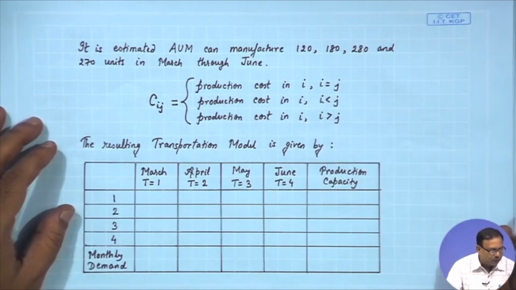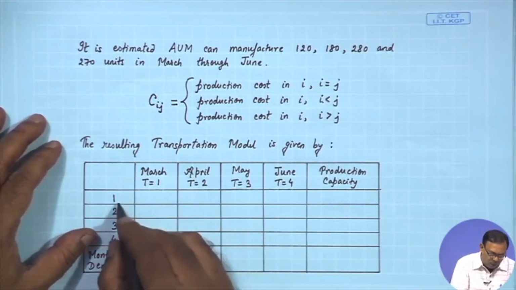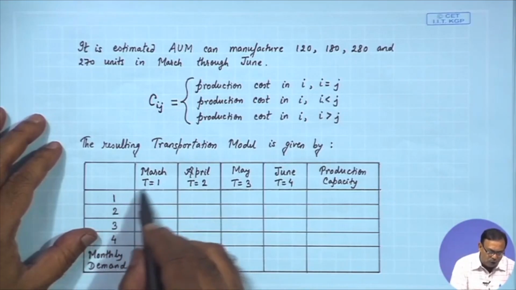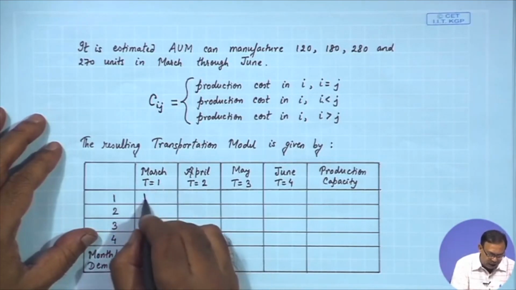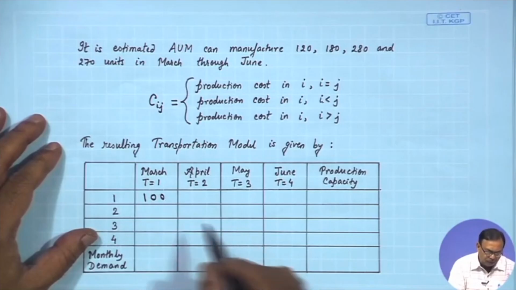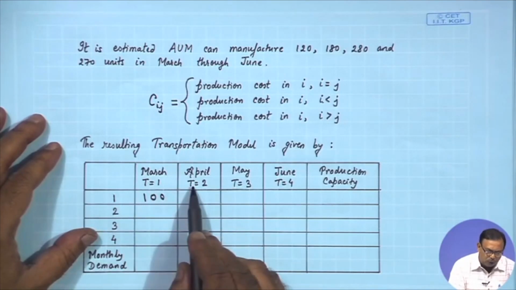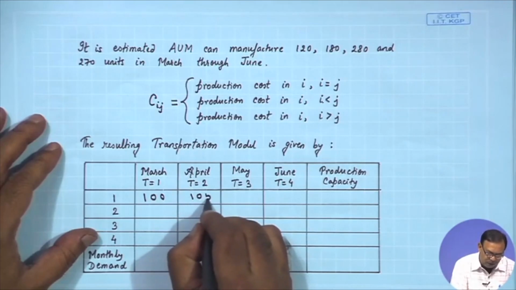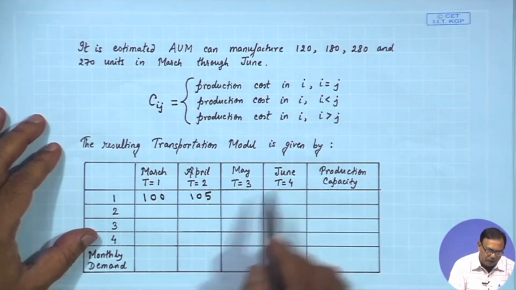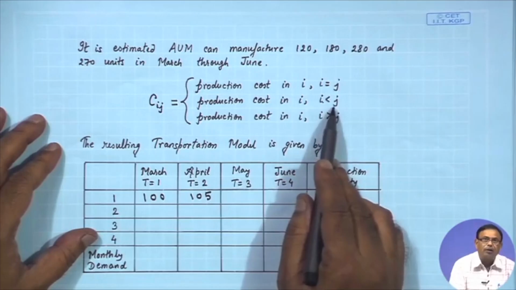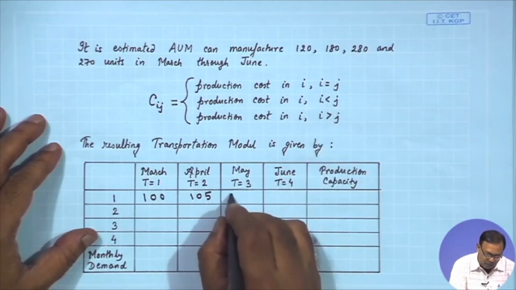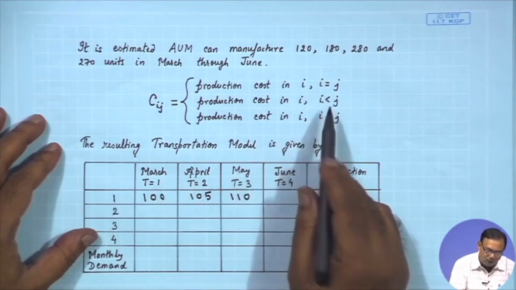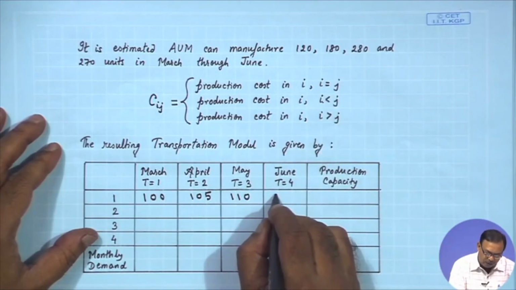So, from 1 to 1, here i equals j, so it will be 100. For 1 and 2, i is less than j, so there will be an increase of 5 rupees, so it will be 105. Again for 1 3, i is less than j, so it is 110. Then for 1 4, i is less than j, so it will be 115.